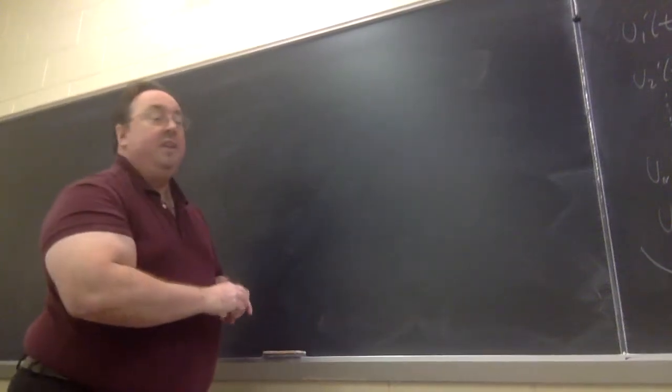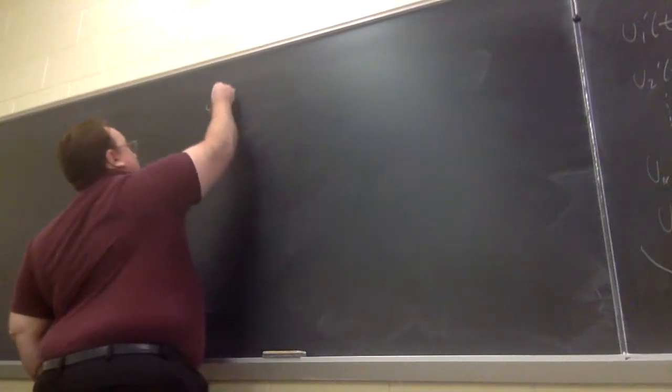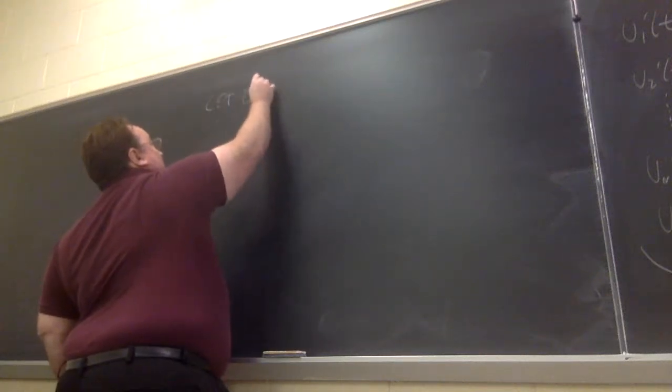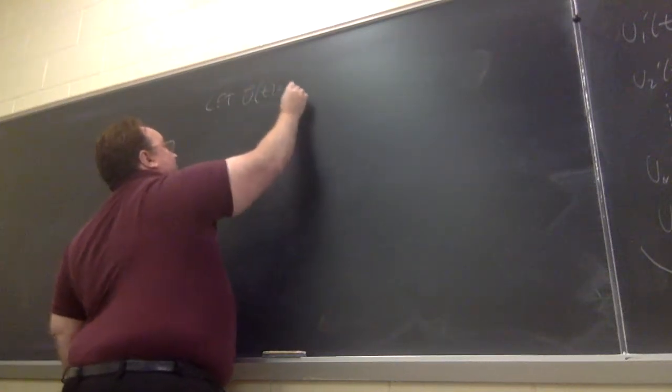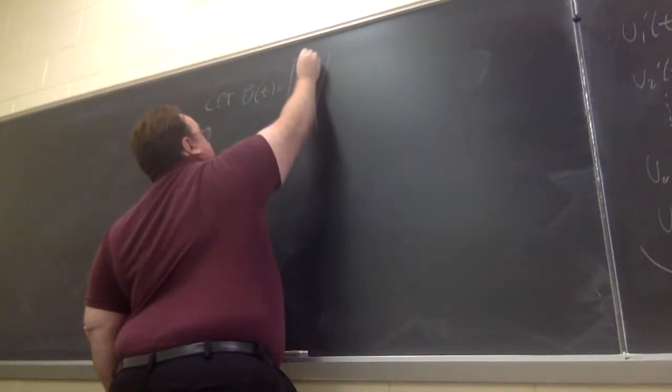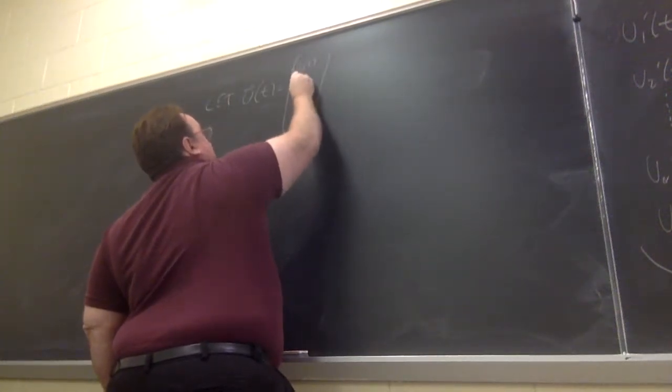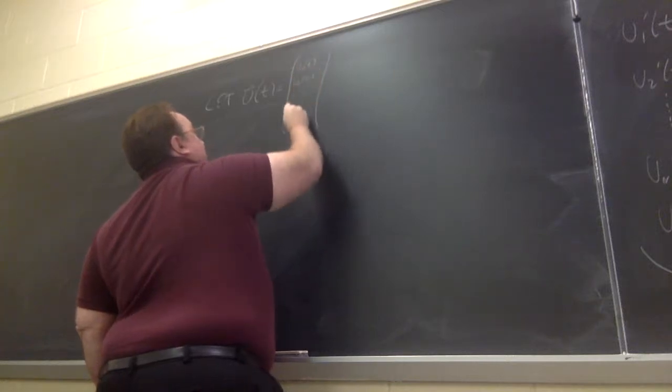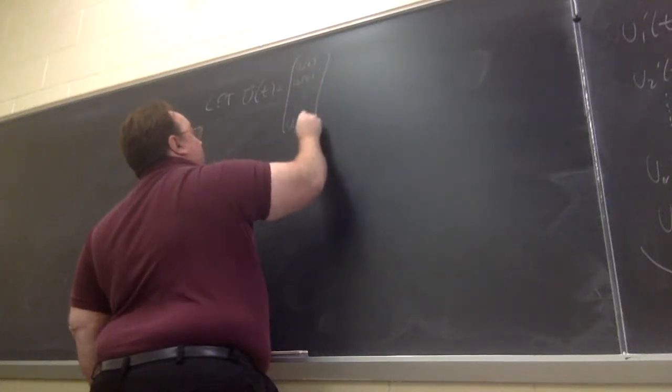Okay. So I can define a vector quantity, u of t, to consist of u1, u2, etc., all in order down to un.